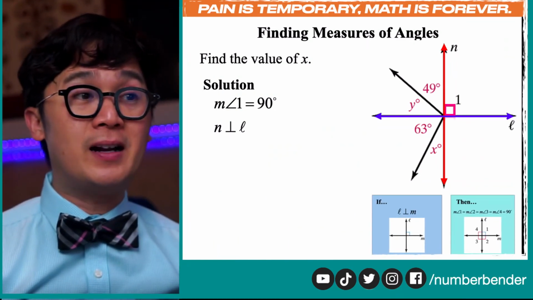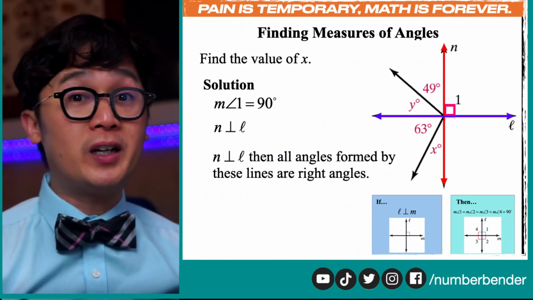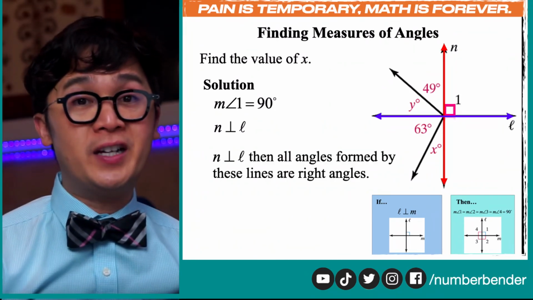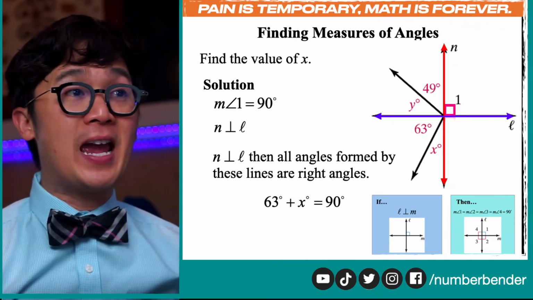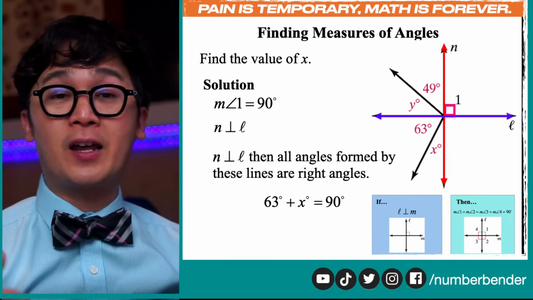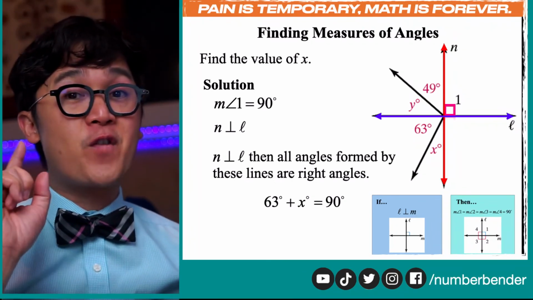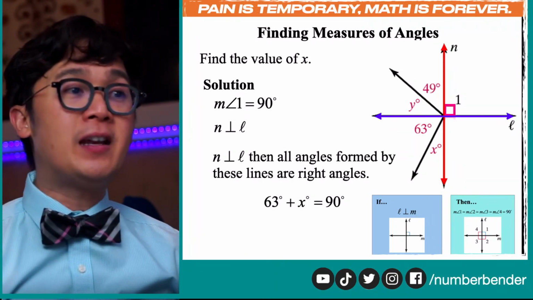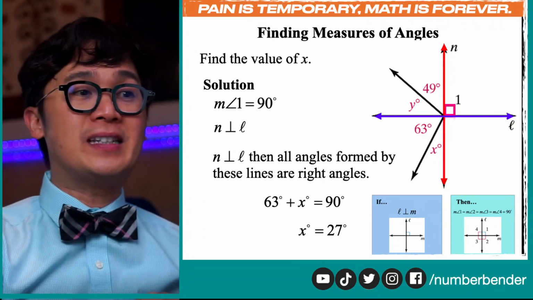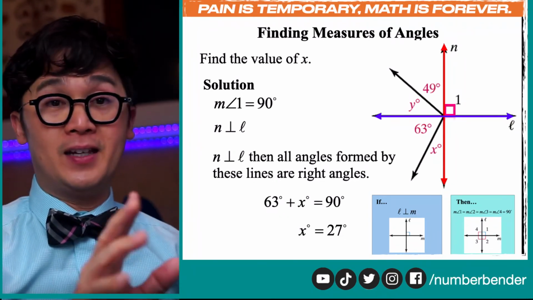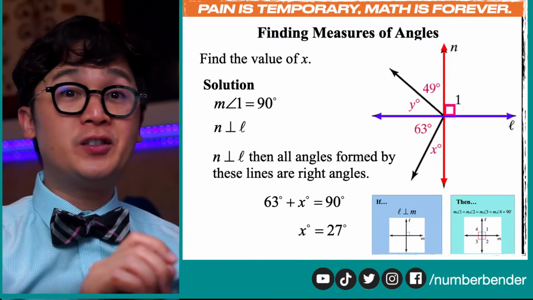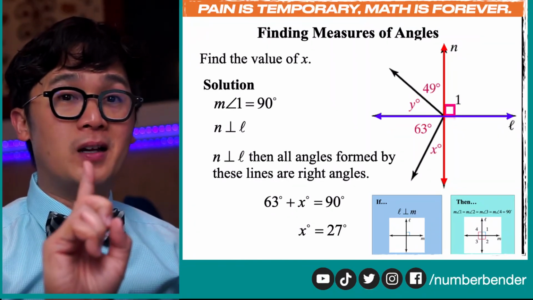And from this theorem, we're able to construct our equation because now we're certain that N is perpendicular to L. So 63 plus x degrees is equal to 90 degrees is the equation we formulate from this theorem. And using algebra, we found that x is equal to 27 degrees. And this is how we use algebra and geometry in answering problems like this one.